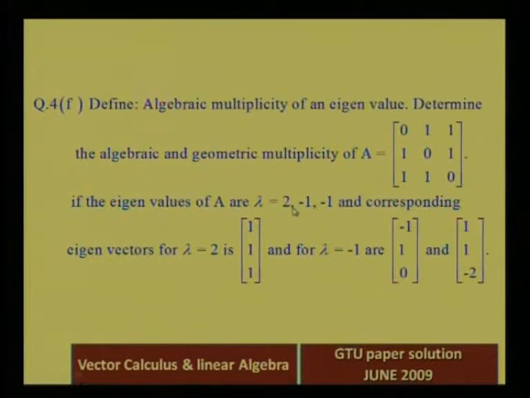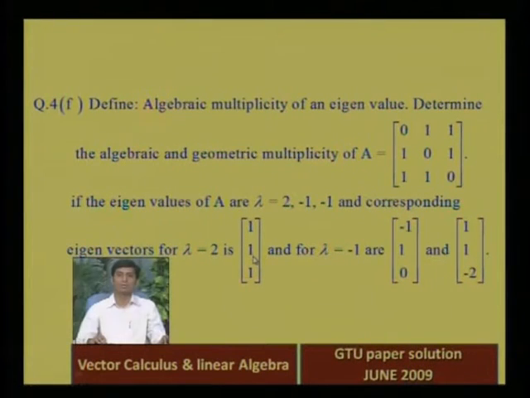Corresponding to 2, how many eigenvectors do we have? Only 1, so the geometric multiplicity of 2 is also 1. So the algebraic and geometric multiplicity of 2 is 1, because corresponding to lambda equal to 2 we get only one eigenvector.